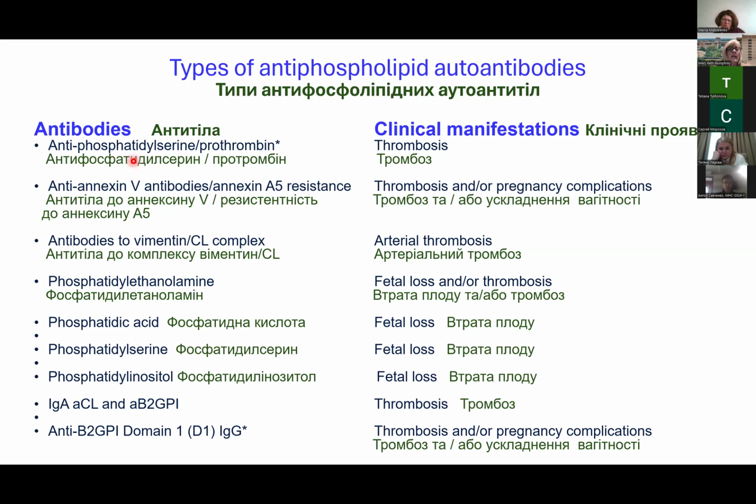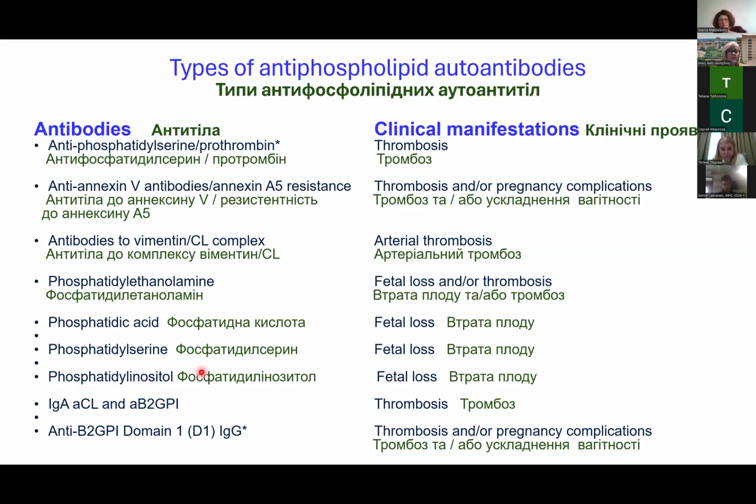So certain antibodies have certain clinical manifestations. The antiphosphatidylserine prothrombin antibody causes thrombosis. The annexin 5 antibodies cause thrombosis or pregnancy complications. The vimentin cardiolipin antibody complex causes arterial thrombosis. Phosphatidylethanolamine causes fetal loss and/or thrombosis.